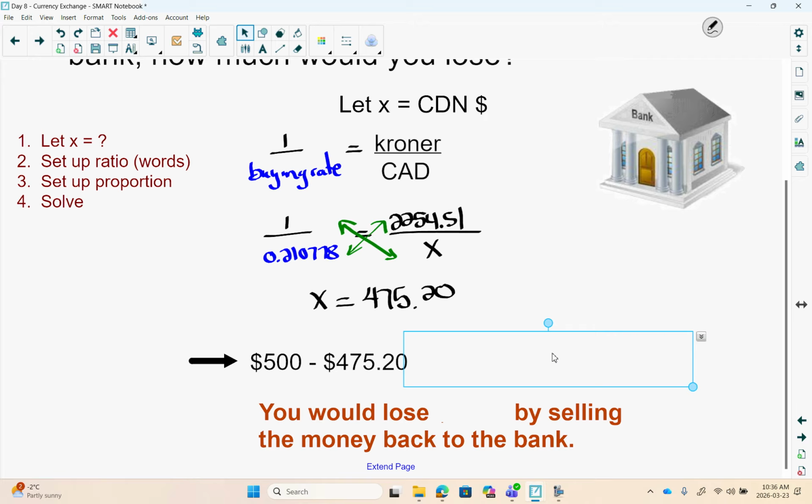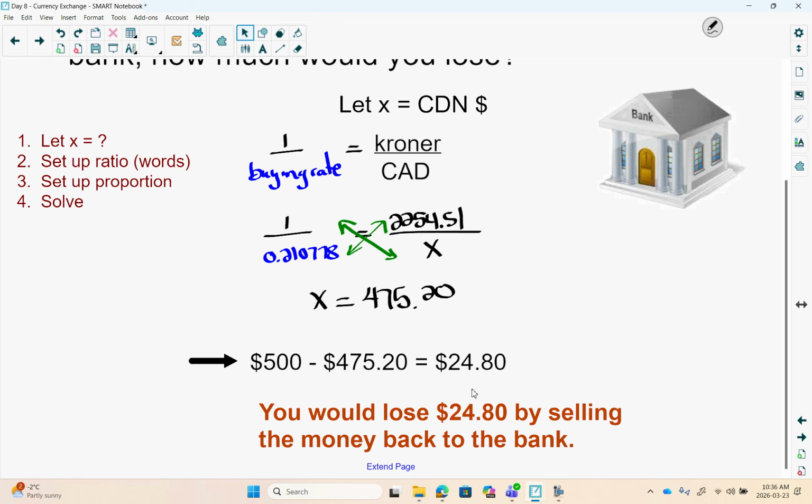So I'm going to lose about $25. In fact, I'd lose $24.80. And that's because you had to cancel your trip to Denmark.